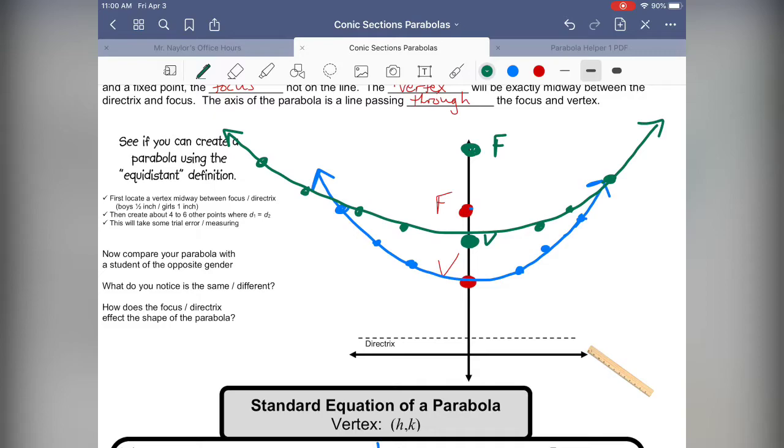What's the word I'm looking for? A dilation. And so as the letter P changes, as that distance gets bigger or smaller between the directrix and the vertex, or between the vertex and the focus, we end up with a different shaped, a different dilated parabola. And so ultimately, these are the things that make all parabolas.